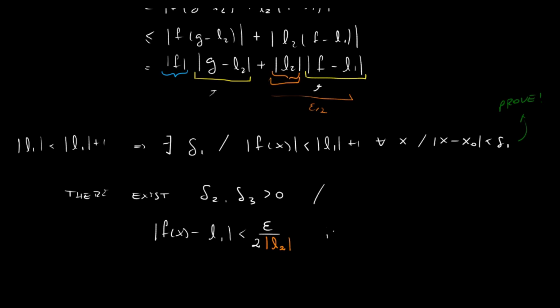This will happen only if the absolute value of x minus x0 is smaller than, say, delta 2.